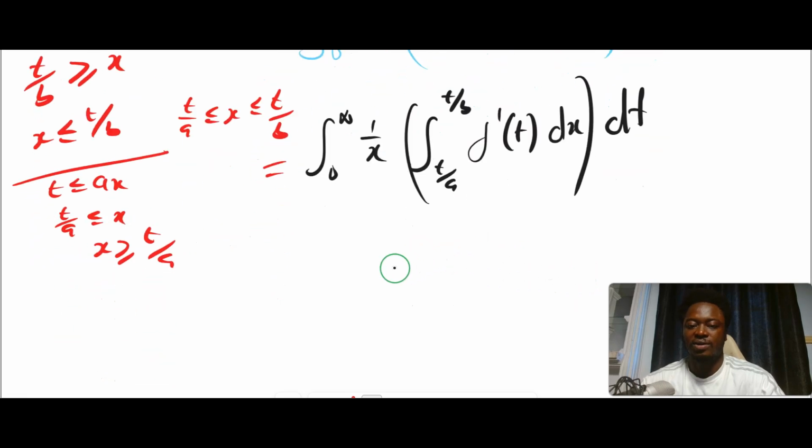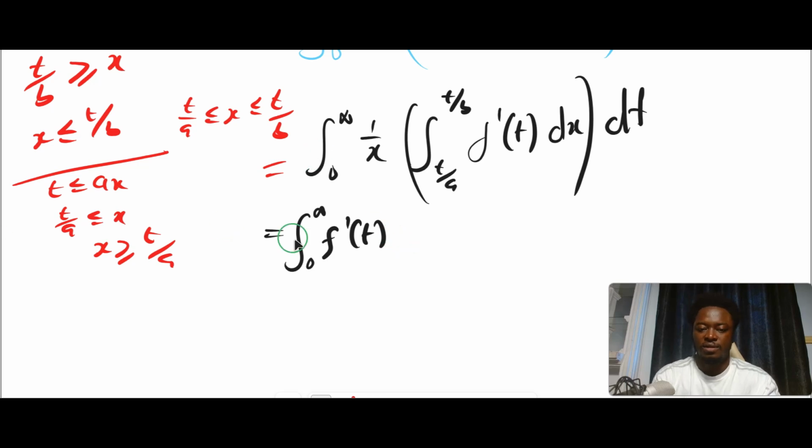So we're going to now collect like terms. So this is the integral from 0 to infinity, and then we have to bring out f prime of t here.